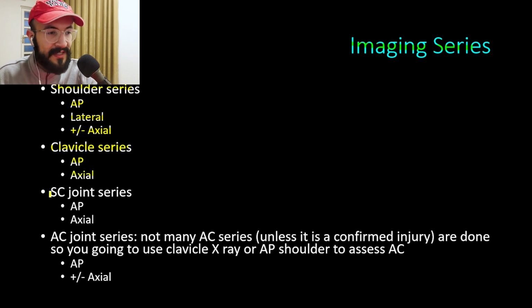If we have a sternoclavicular joint trauma, we order the SC joint series, which is an AP and an axial. And finally, we have the AC joint series, which is not done unless it's a confirmed injury, and the AC joint is mostly evaluated by using the clavicle x-rays or the AP shoulder x-rays. And the AC joint series is an AP plus or minus an axial.